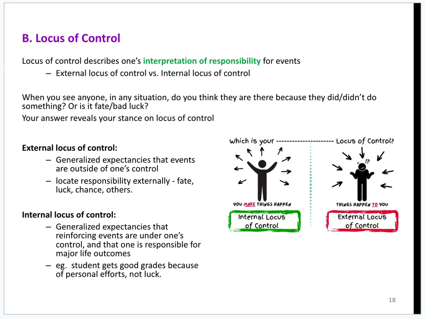Internal locus of control is generally believing that things in your life are within your control and you are responsible for your own major outcomes. It doesn't mean that bad things aren't going to happen. It's just that when bad things happen, you assume that it's up to you to get yourself out of this situation, and you take charge, and you change things to a certain degree, of course, right?